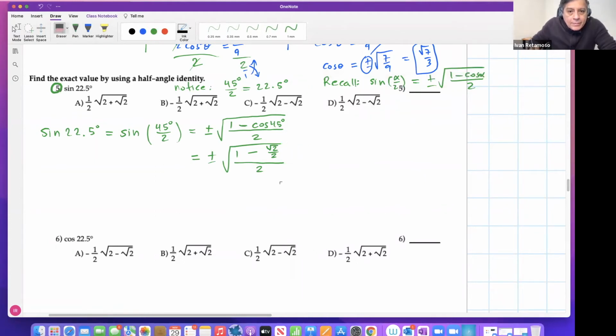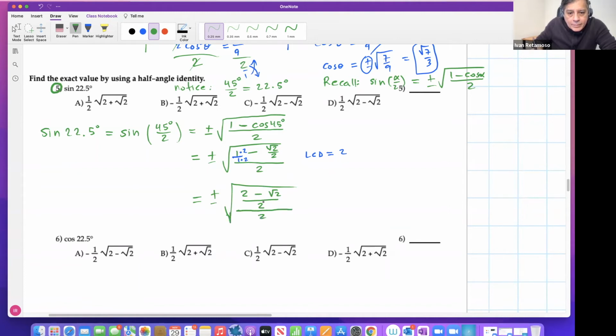Okay, next I have to do the algebra here, right? Remember, 1 is the same as 1 over 1. But then the LCD of 1 and 2 is 2. Multiplying this by 2, multiplying this by 2, I'm going to get the following. That is equal to plus minus 2 minus the square root of 2 on the top divided by the common denominator 2, all that divided by the number 2.